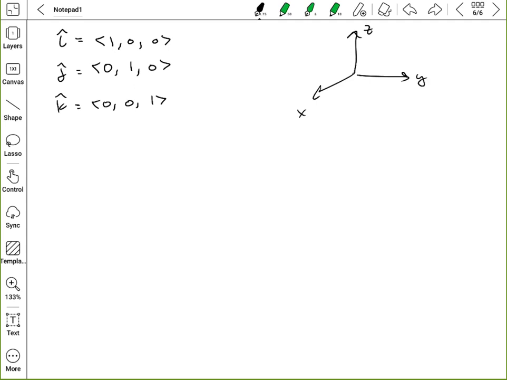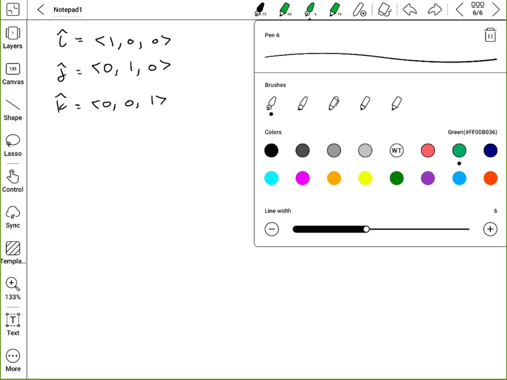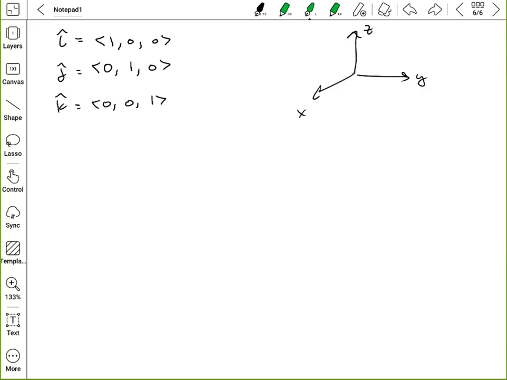So in our coordinate system, I think I need to make this smaller. Okay. i hat is going to be this one out to 1. j hat is going to be this one, again out to 1.